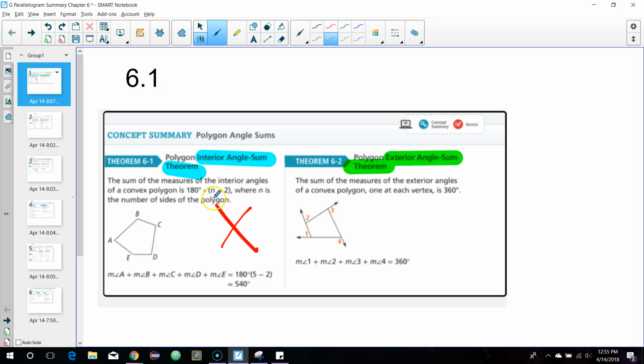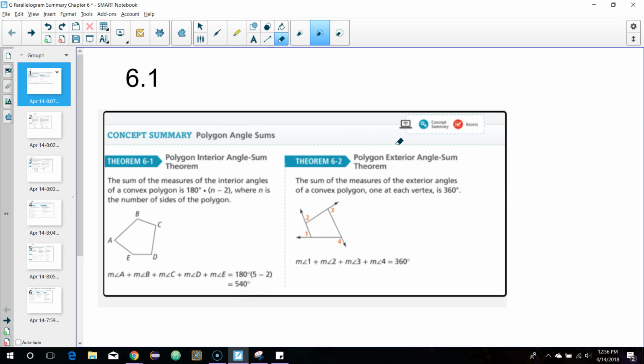Maybe you keep remembering it's like n-3 and then you get the interior angle incorrect. So don't do that. I'm going to talk about the exterior angle theorem extensively, and I'm just going to teach you how to use that to find all the so-called interior and exterior angles.